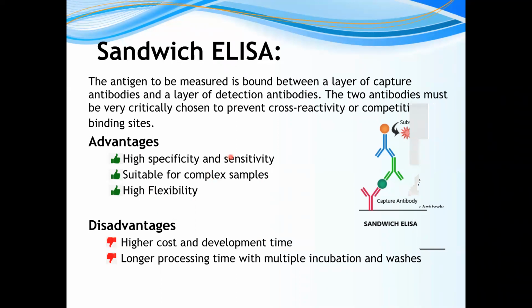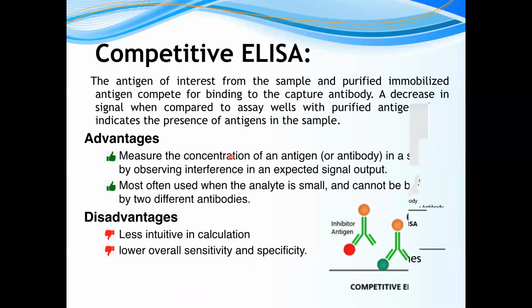And the last format that is also very commonly used by the researchers is the competitive ELISA format. So in the competitive ELISA format, the antigen of interest from the sample and purified immobilized antigen compete for binding to the capture antibody.